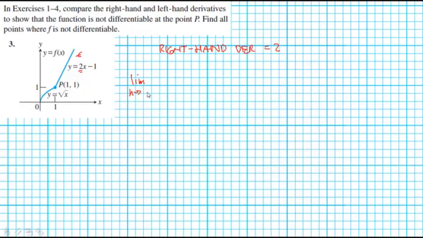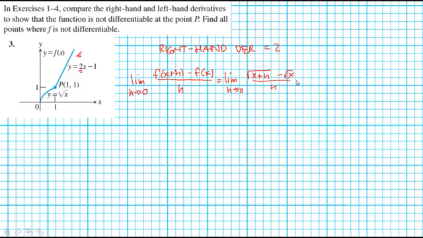The limit as h approaches 0 of f of x plus h minus f of x all over h, which in this case is equal to the limit as h approaches 0 of the square root of x plus h minus the square root of x all over h.